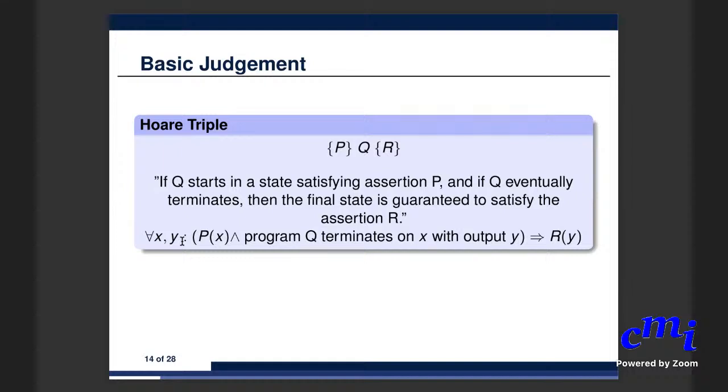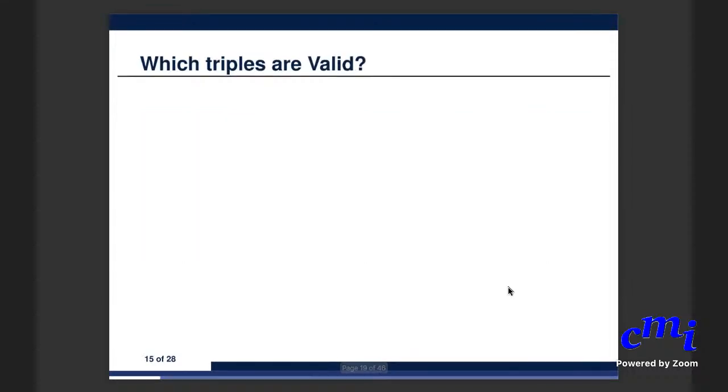So when it is true, this means that it has to be true for all valuations that make this implication true. That's why we say that the Hoare triple is true and also use the terminology that it is valid.